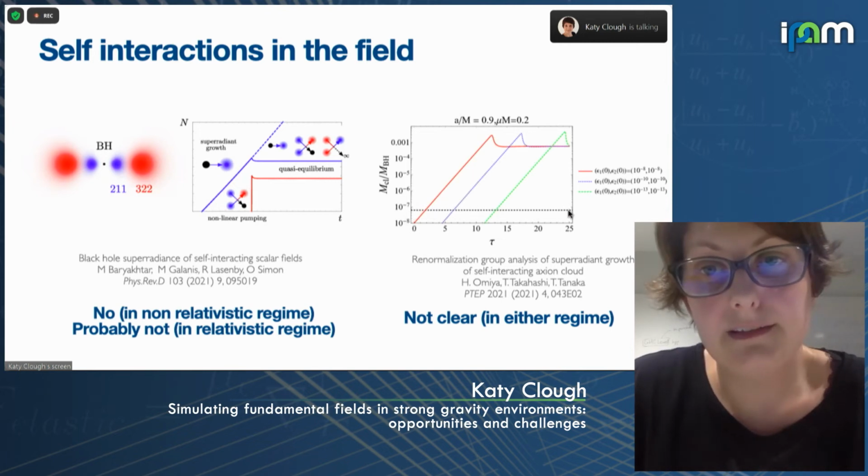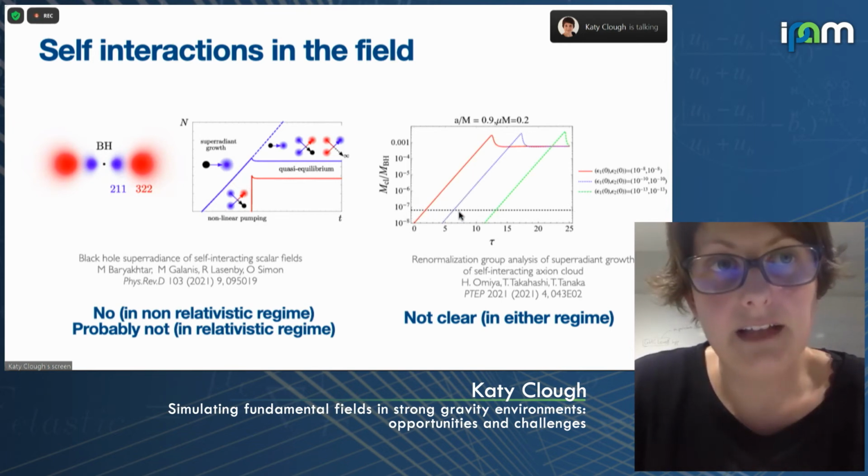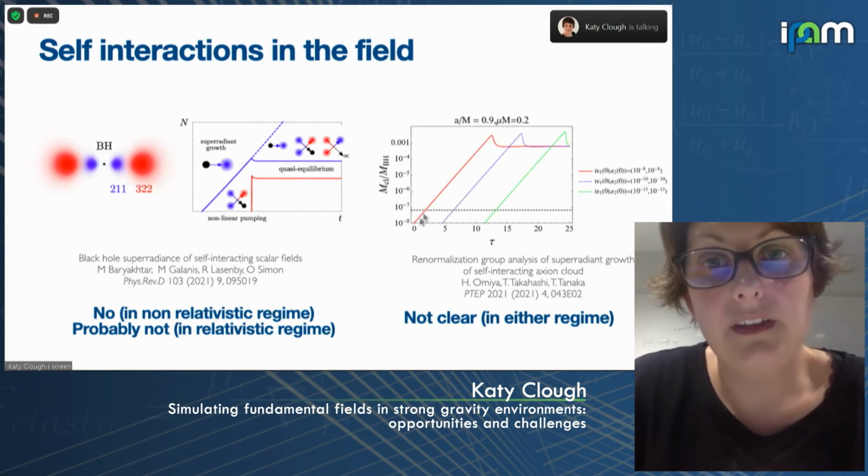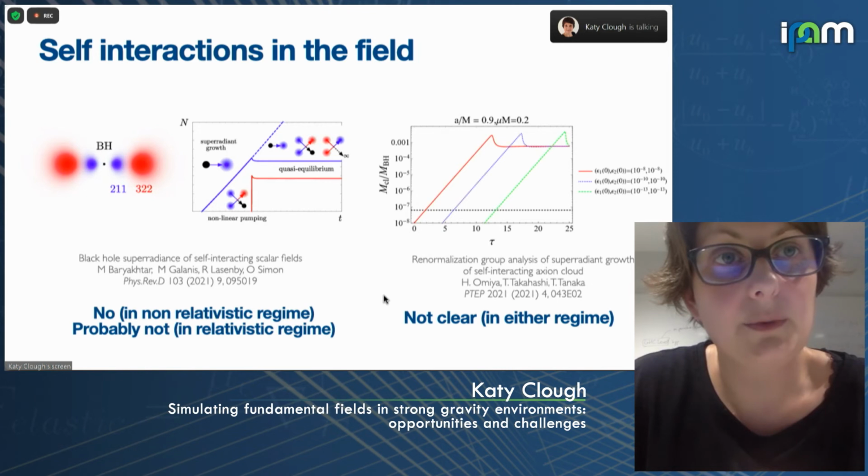But at this dotted line is where they think that the perturbative calculation breaks down, so you can't really trust these lines beyond this point. At this point, you would need relativistic simulations to resolve what's actually happening. So they don't necessarily say that this is wrong. They just say that the perturbation scheme potentially breaks down by the point that you get to this saturation.